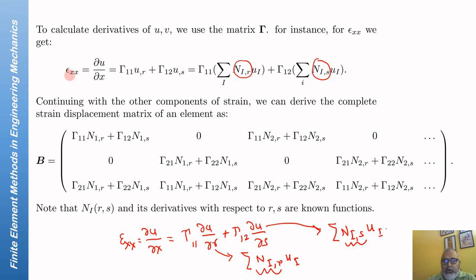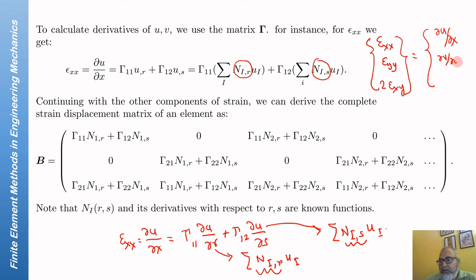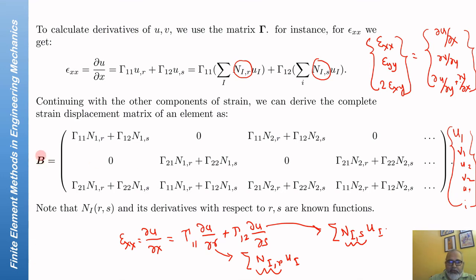Now if you can work out all the strains, so remember, in two-dimensional problems, this is how we stack the strains in the Voigt notation. If you now calculate all of these, that means you calculate del u del x, del v del y, and then del u del y plus del v del x, and relate it to the ui's and vi's, which are stored as u1, v1, u2, v2, u3, and so on, if this is your storage scheme, then this would be your B matrix.